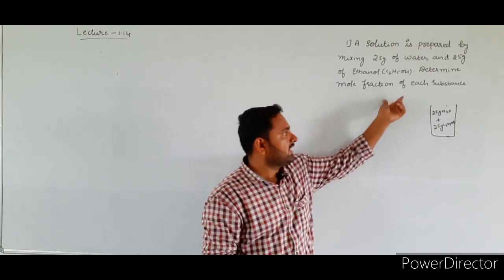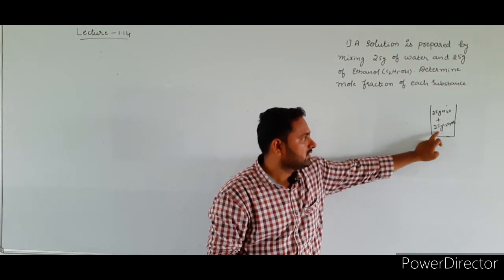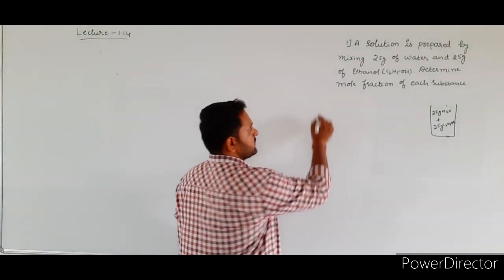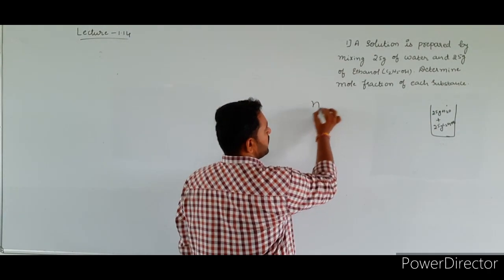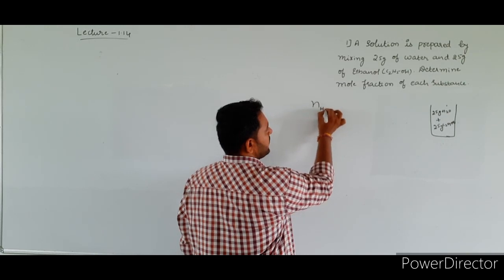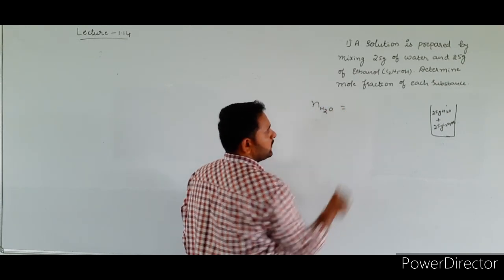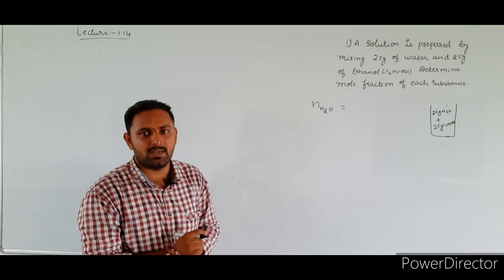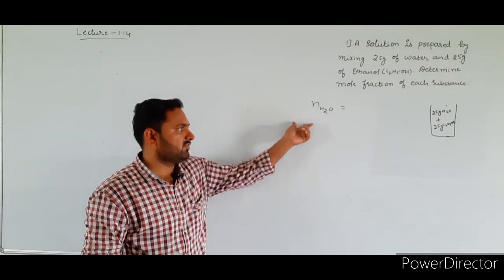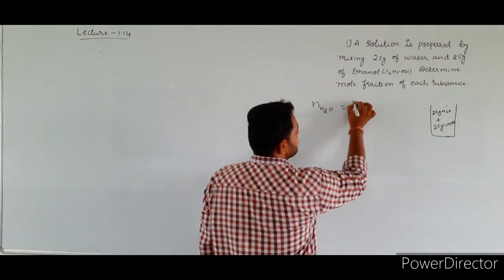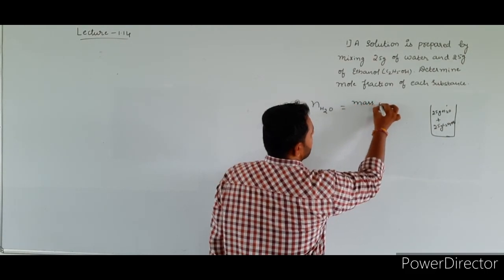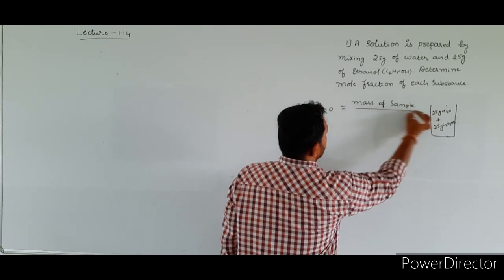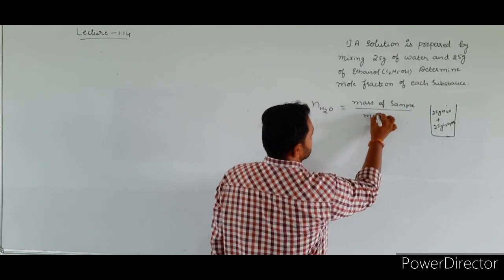But here the values are given in grams, so first we have to convert them into moles. First, the number of moles of water. What is the formula to calculate number of moles when mass of sample is given? The number of moles is equal to mass of sample divided by molar mass.